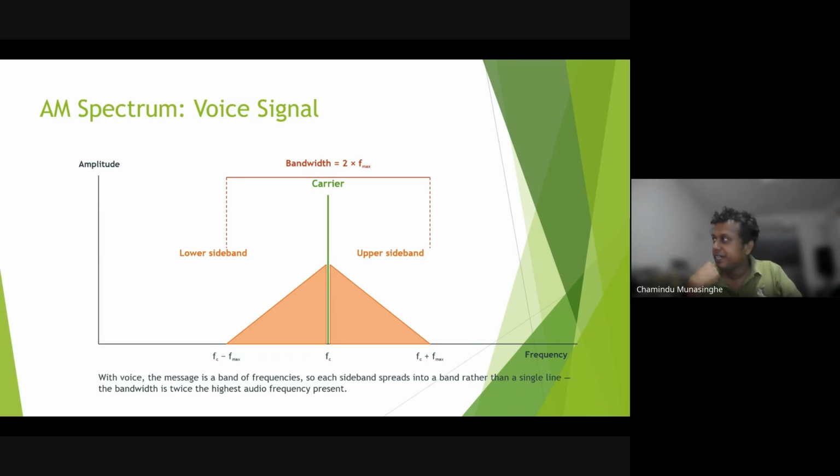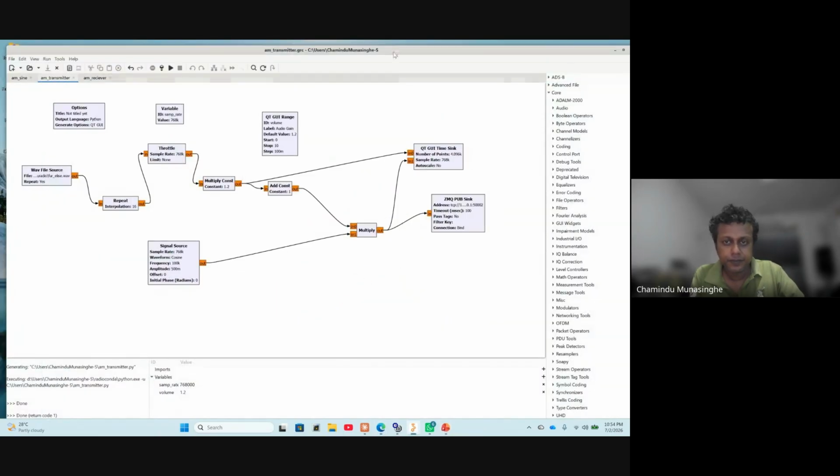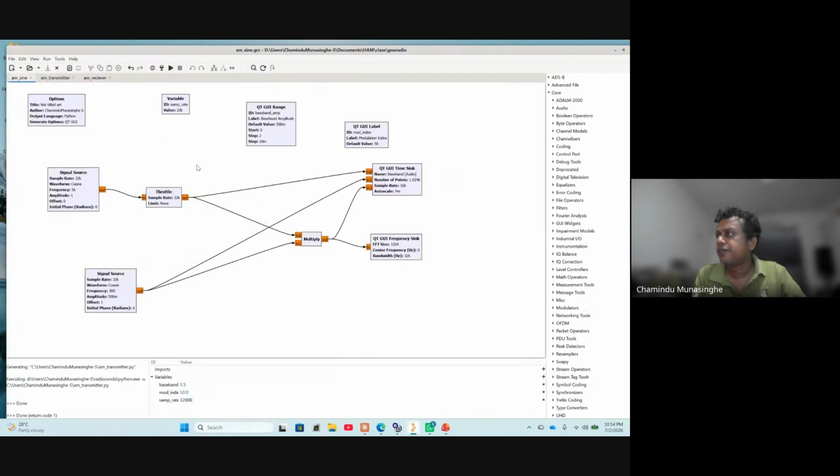Okay, then without further ado, let me fire this up. Let me close this slideshow, and let me go to this, right? This is the software that I am using, let me give you a brief intro to this. This is what we call GNU Radio.